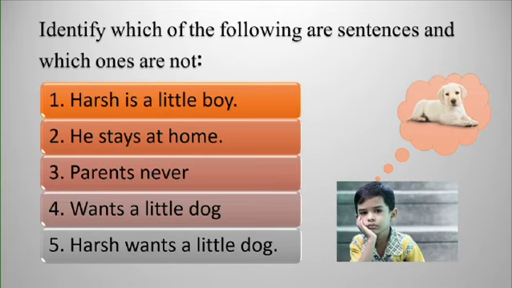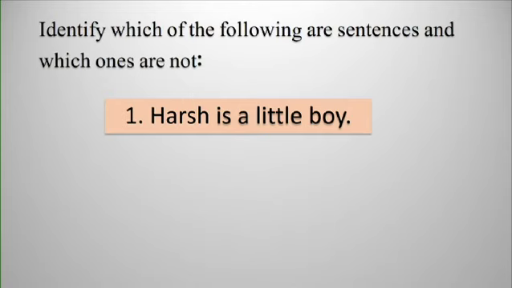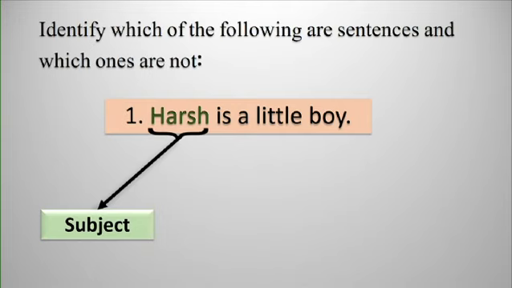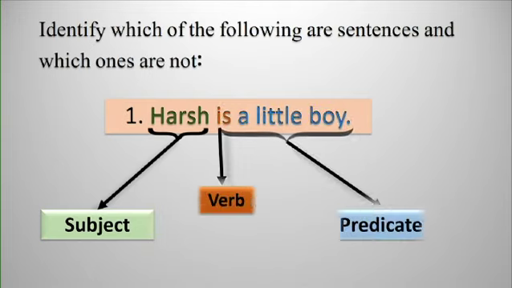Check your answers. Harsh is a little boy. We have the subject, Harsh, and the predicate is a little boy, with the verb is. This group of words expresses a complete thought. Is it a sentence?